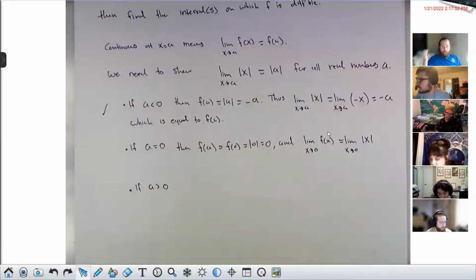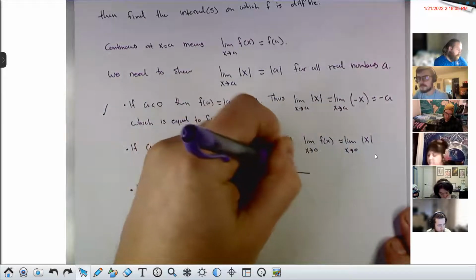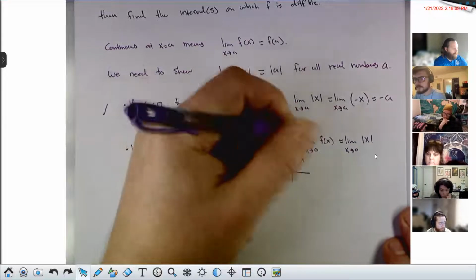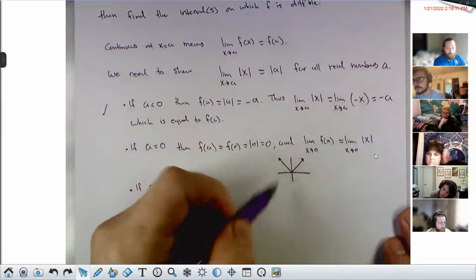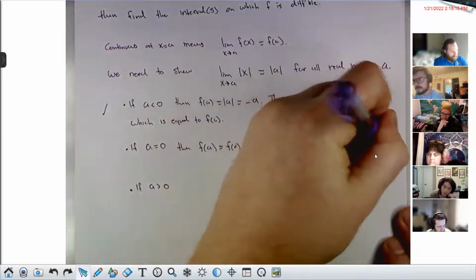And this is a limit that we looked at before when we talked about continuity, right? You can think about this coming from the graph. If you look on the graph of the absolute value function, as you walk in from the left, you're going to 0. As you walk in from the right, you're going to 0. This limit is 0.